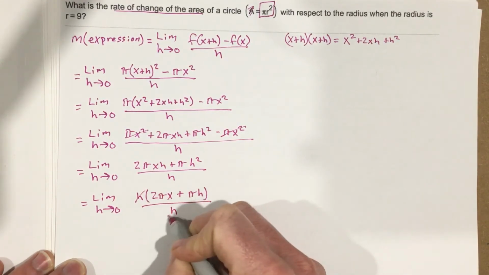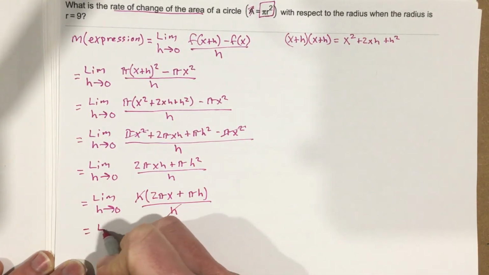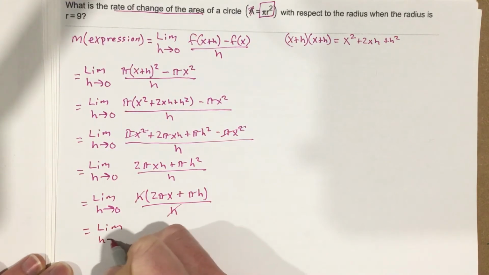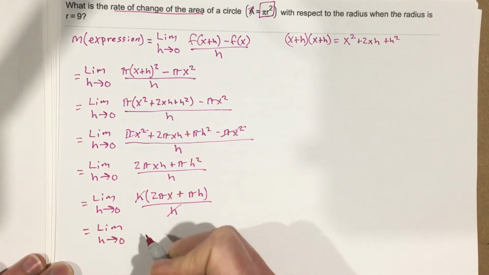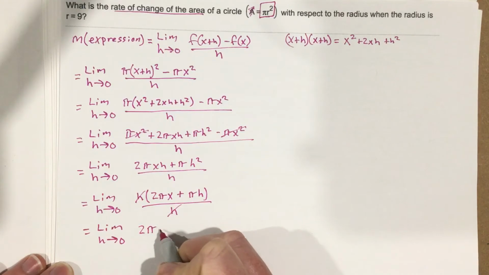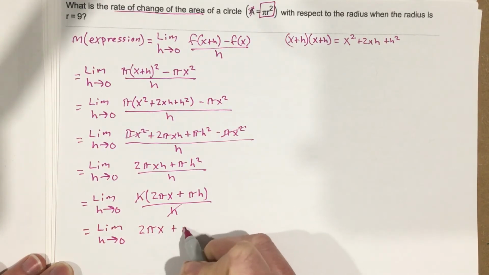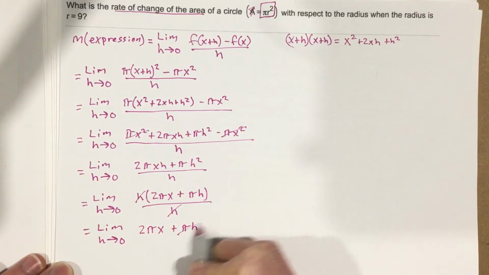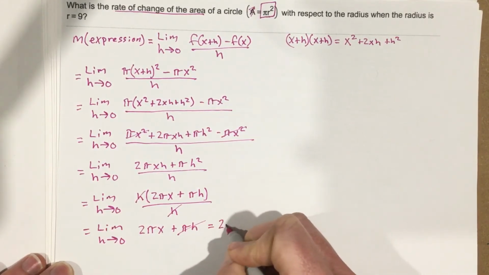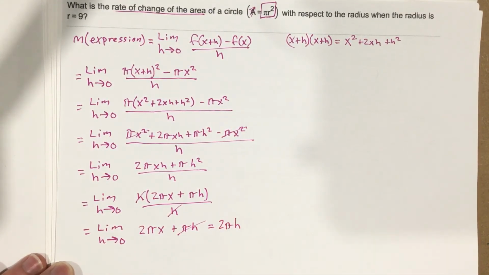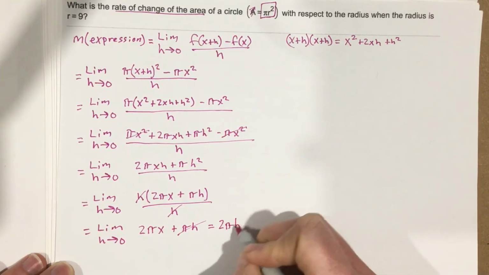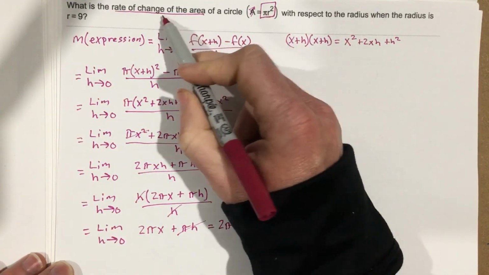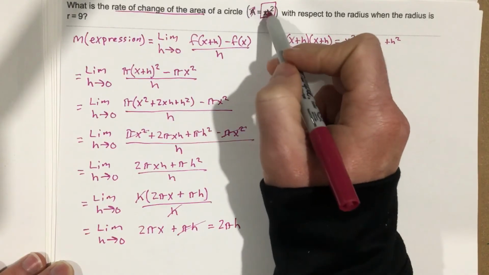The h's cancel, and you're left with limit as h approaches 0 of 2 pi x plus pi h. When you plug in 0 for h, that cancels that term, we're left with 2 pi x. This is the expression for the rate of change, or the slope, for a circle.